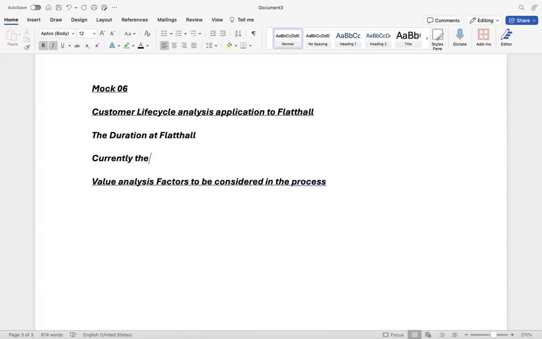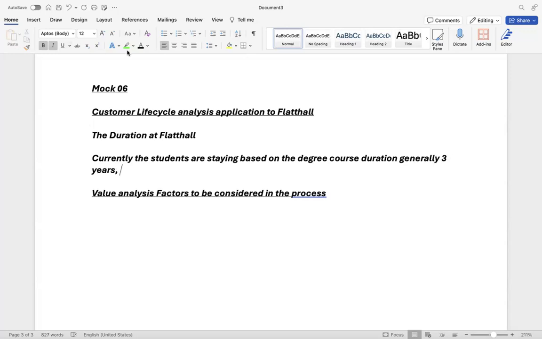Currently, the students are staying based on the degree course duration, generally 3 years. Apply this for Flatthall: this is the complete customer span in their PBSA. Correct?